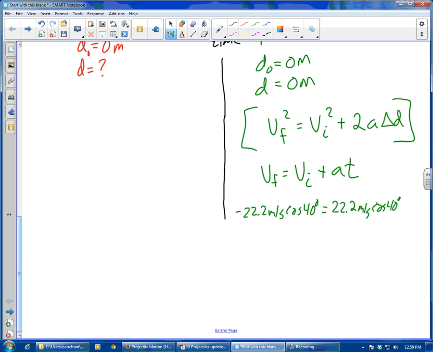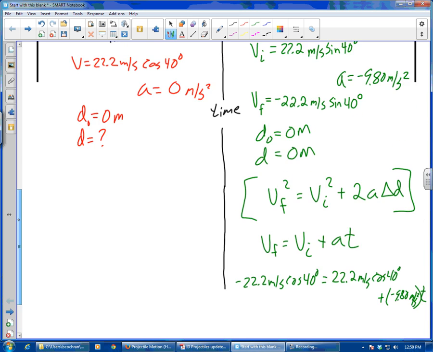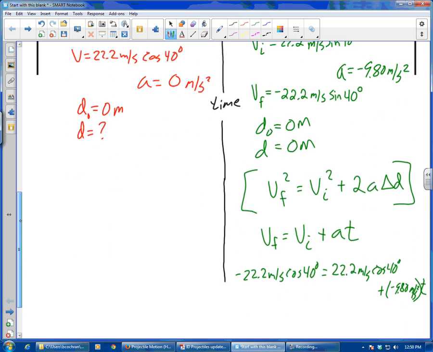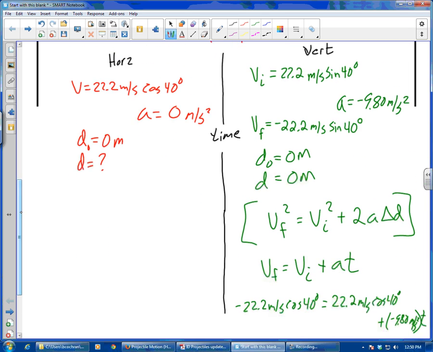Double checking that I made the final one negative and the initial one positive, plus negative 9.80 meters per second squared times t. That was my initial vertical velocity, my final vertical velocity, my acceleration, which is negative 9.80, and solving for t.